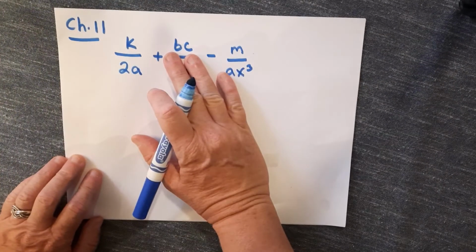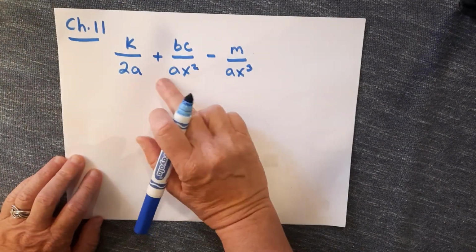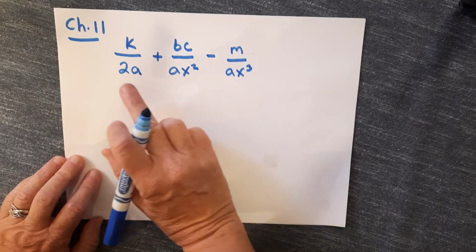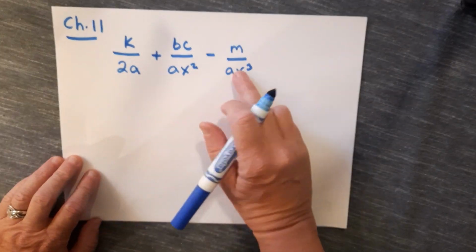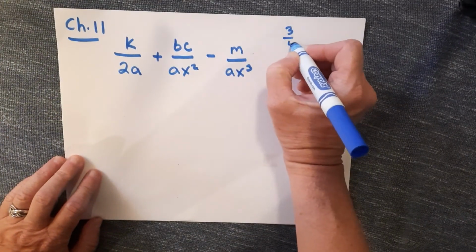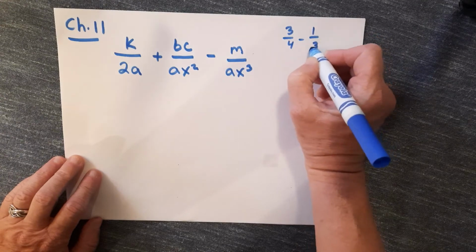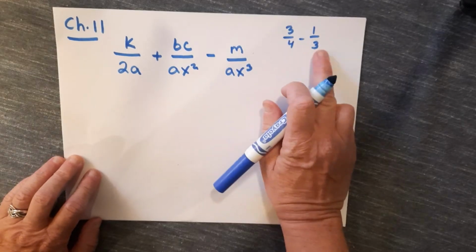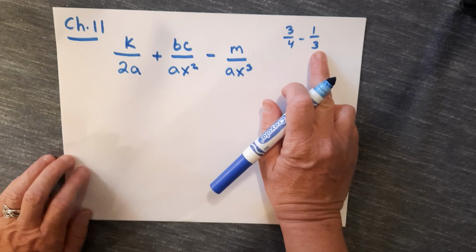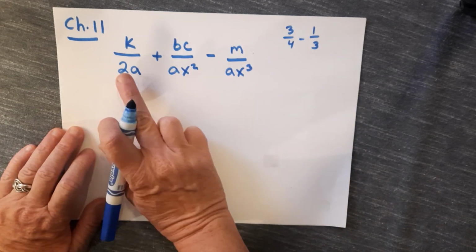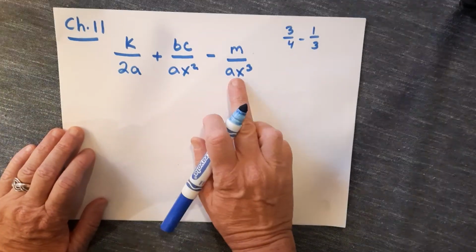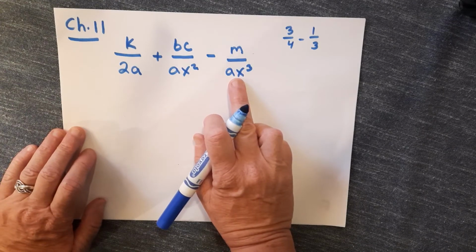Okay, the first thing that you want to do when you are adding or subtracting fractions is find a common denominator. I'm sure you remember that, like if we wanted to do 3/4 minus 1/3, before we could do that, we would have to find the common denominator of 4 and 3, which would be 12. How do we find the common denominator of 3 expressions that have variables in them?